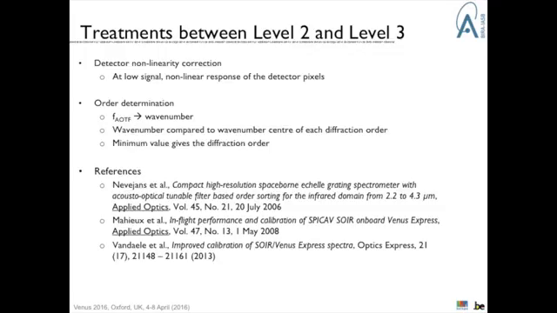So briefly, how do we process those level 2 into level 3? So first we have to correct for nonlinearities in the detector. Then we have to convert the frequency that we have applied to the AOTF to something that is more meaningful for spectra, which is wave number, to derive the order in which you are working.